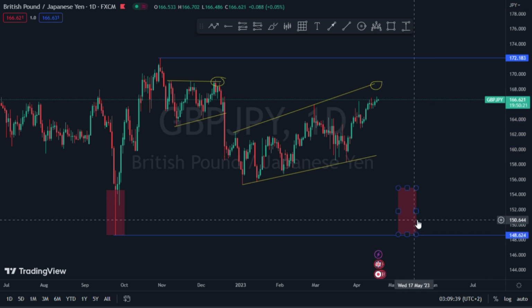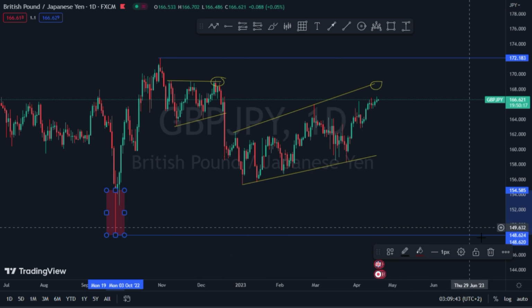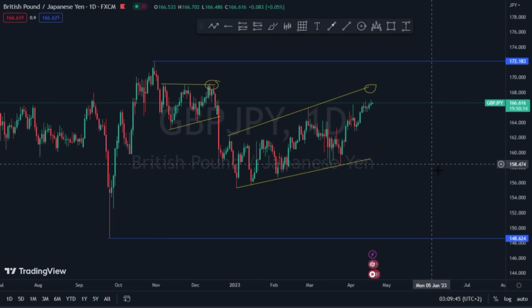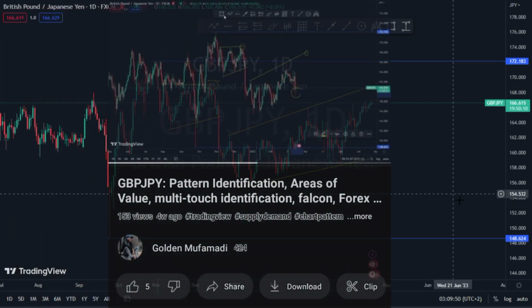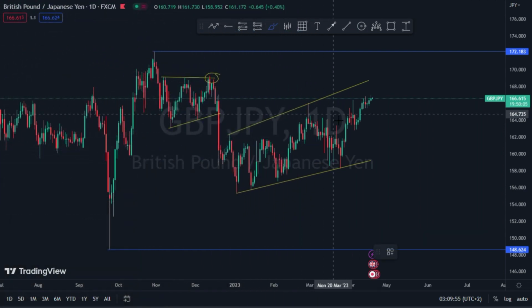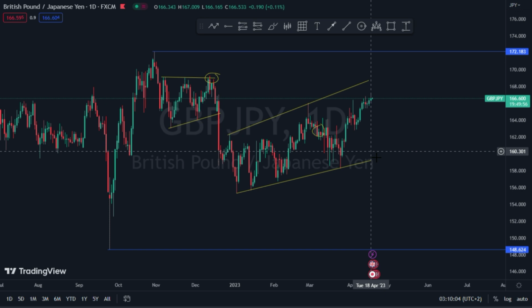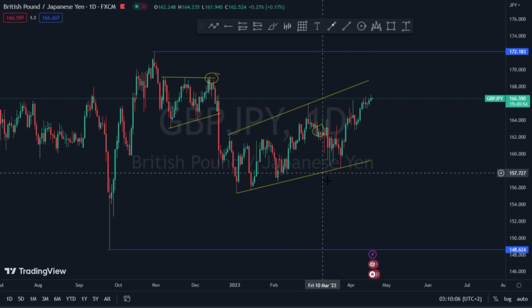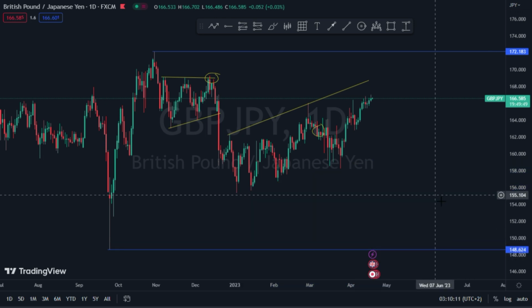So during my previous analysis of this GBPJPY, if you watched my previous video on this GBPJPY, I believe that the market was still around these areas right here, right? And I did anticipate the market to move exactly how it moved. So during my previous analysis, I didn't have this trend right here, right?